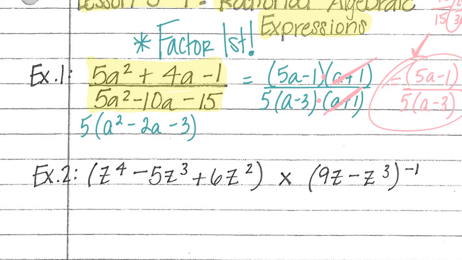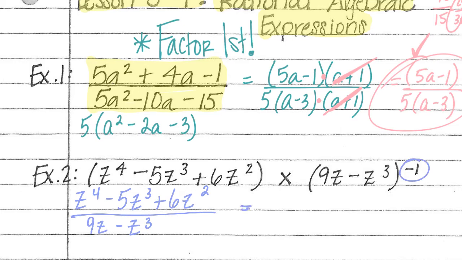Remember that this one right here is saying z to the 4th minus 5z cubed plus 6z squared all over 9z minus z cubed. Now, I factored this before I actually taught it, so I know I can pull out a z squared, and then the rest factored to be z minus 2 times z minus 3.